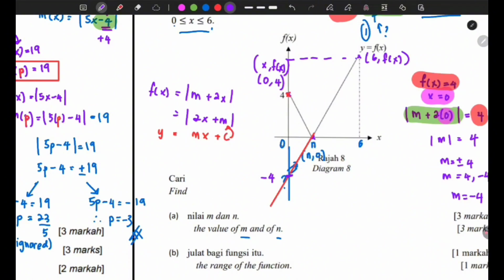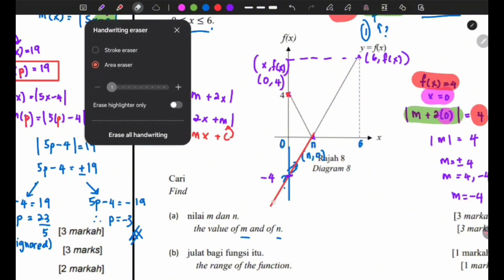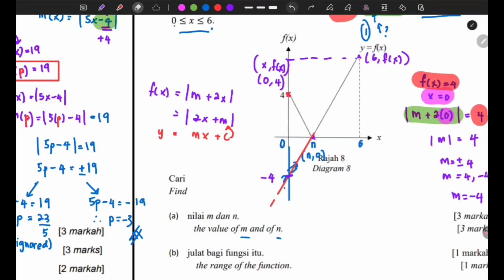Because of the modulus, it goes up to the positive side, or else it will be here. Let me draw dot dot. That's the reason your m is negative 4, because your y-intercept originally, without the modulus, is on the negative side.